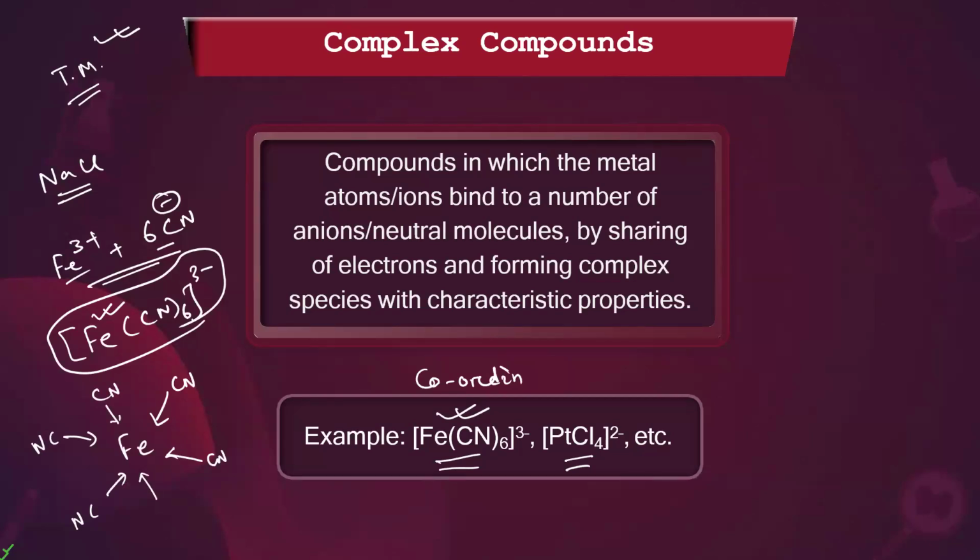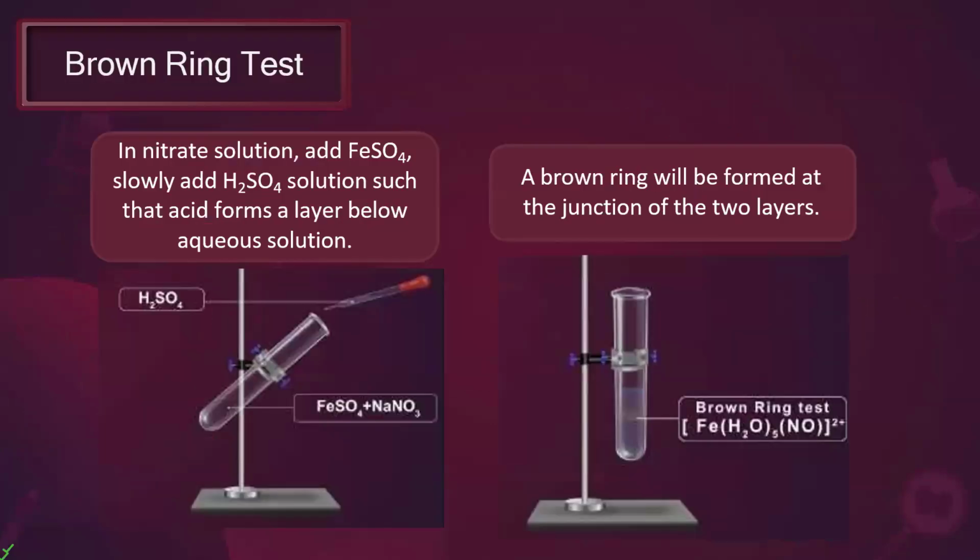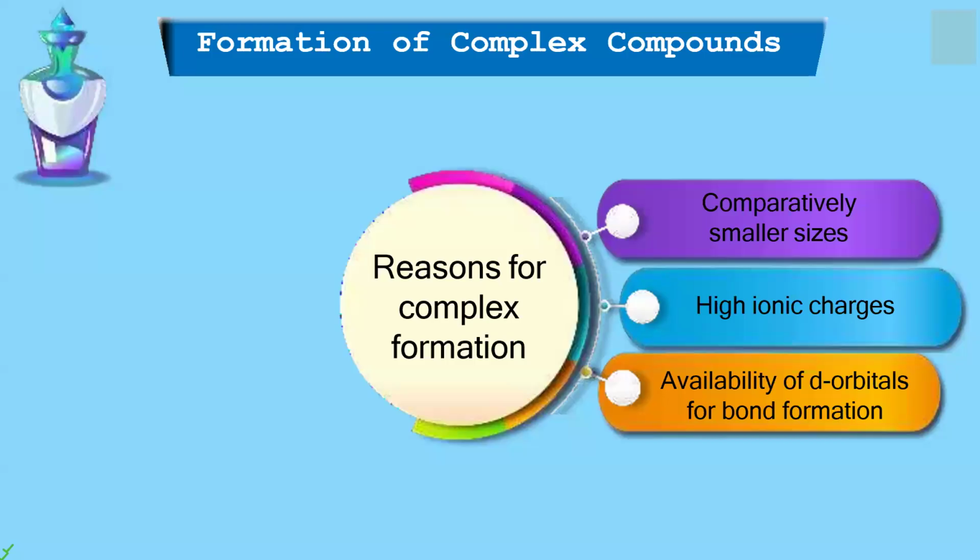In your examination, it will be asked: what is the reason why transition metals or transition metal ions form coordination complexes more easily? The reason is this one. This is the reason for complex formation.